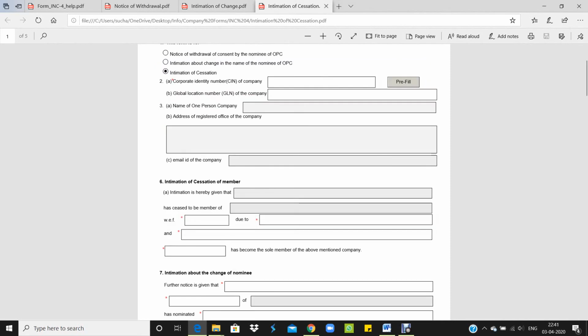But if you select the third option, intimation of cessation, which serial numbers will appear? Intimation of cessation of member, and intimation about the change of nominee. So these two serial numbers appear.